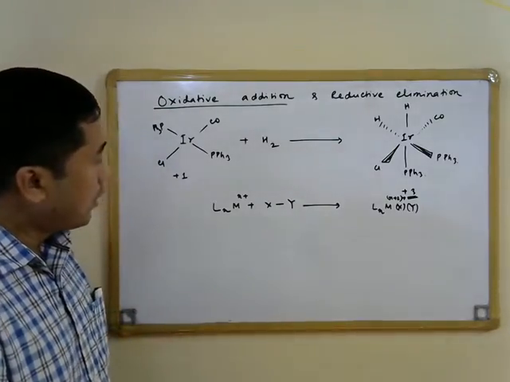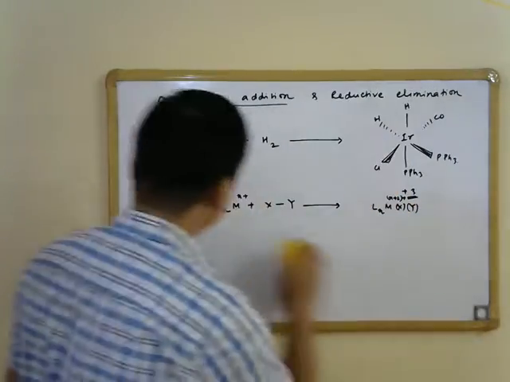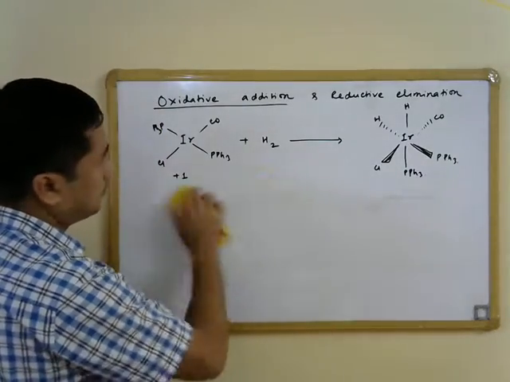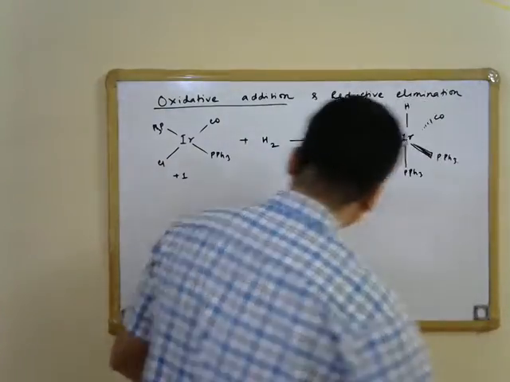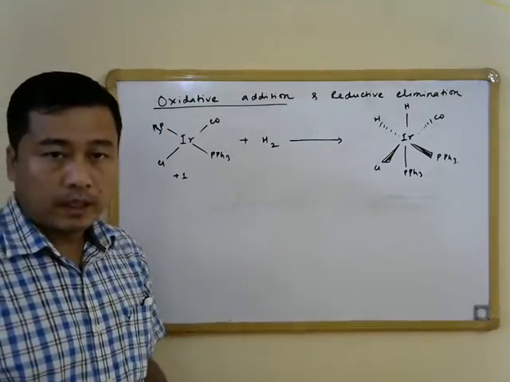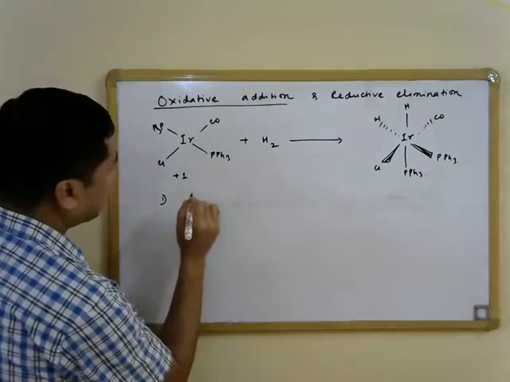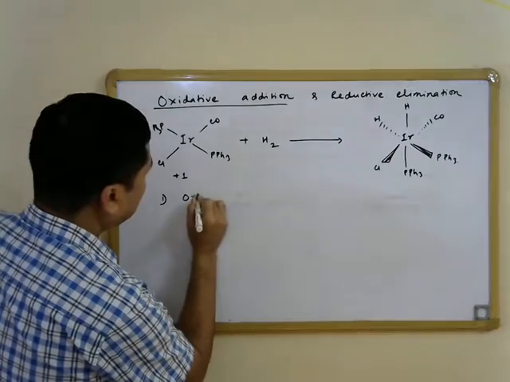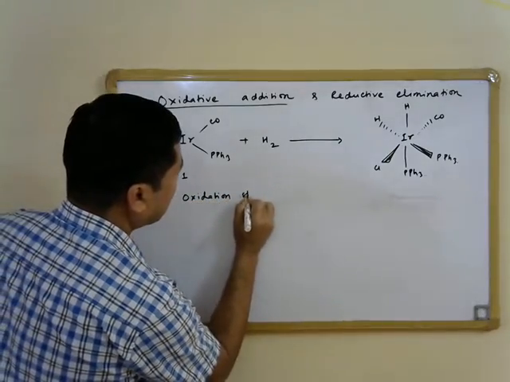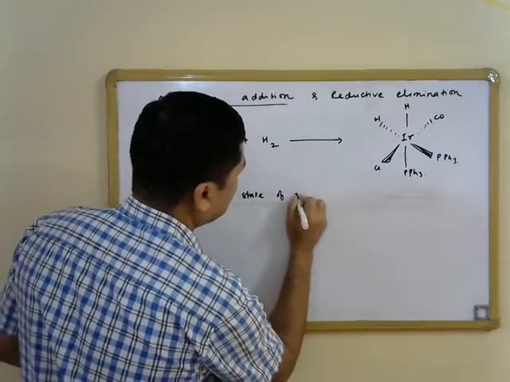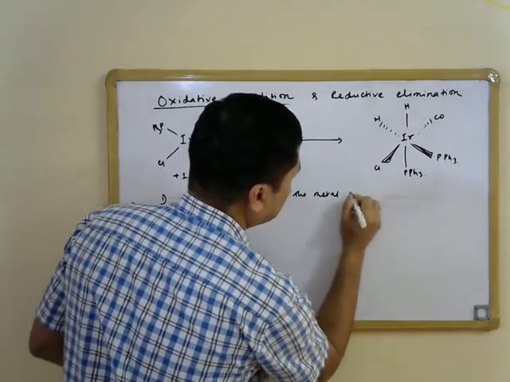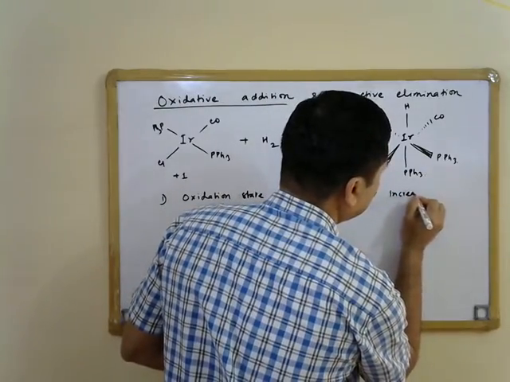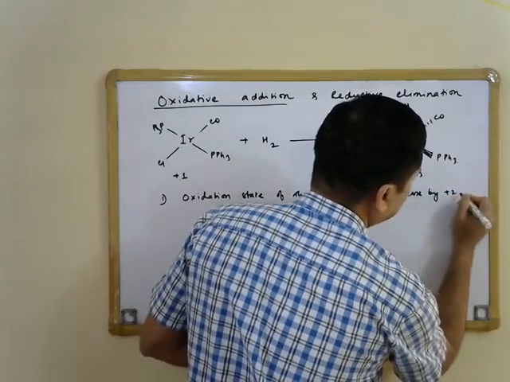So we can note down what happens during the oxidative addition reaction. The oxidation state of the metal center increases by 2 units.